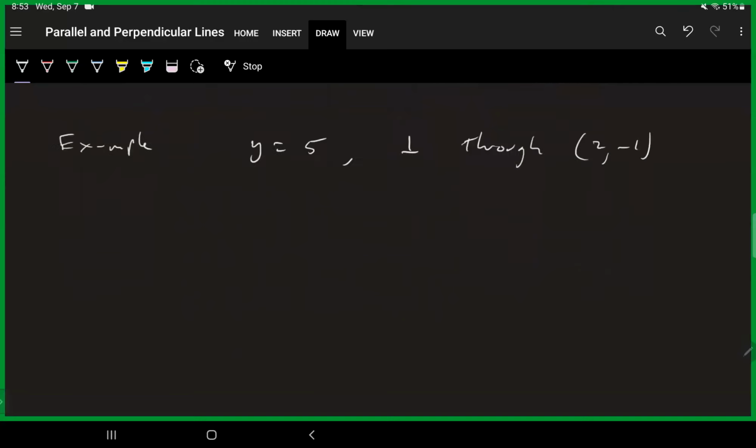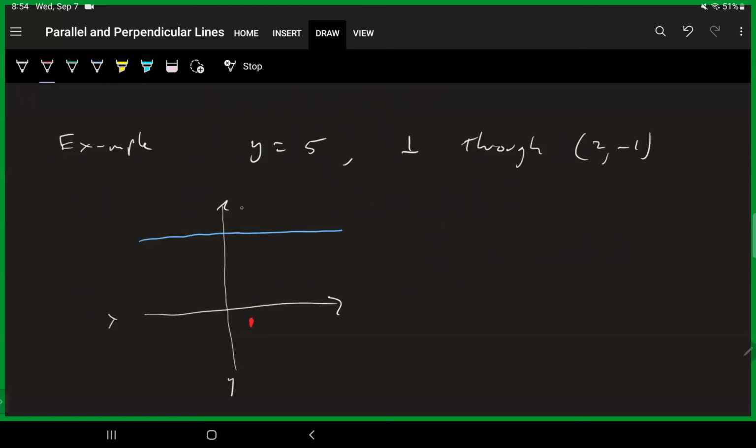Okay, so what we're going to do is sketch a graph real quick. And I'm just going to estimate where everything is without the tick marks. So there's my line, y equals 5, that's above the x-axis. And I want to go through 2, -1. So let's plot that in red. So 2, -1, let's say, is there.